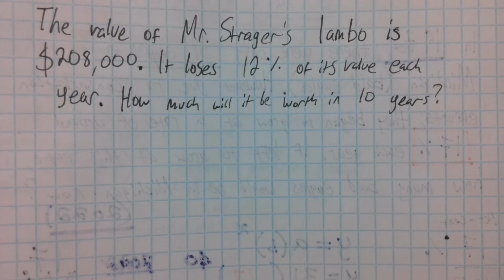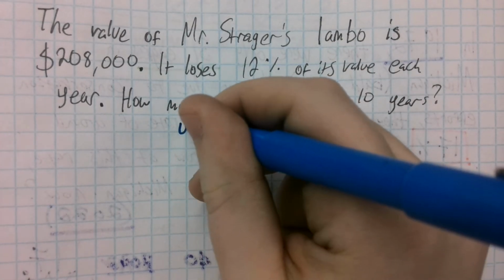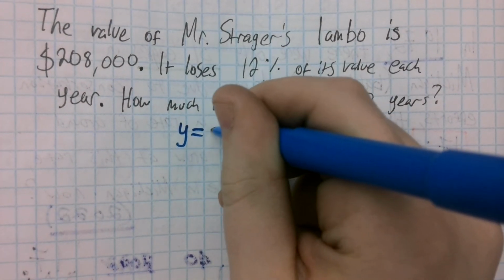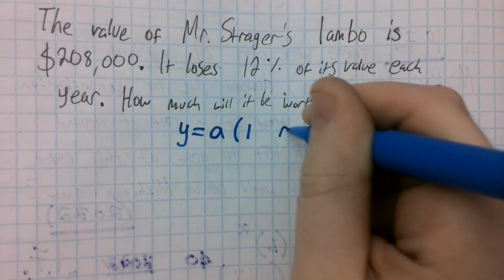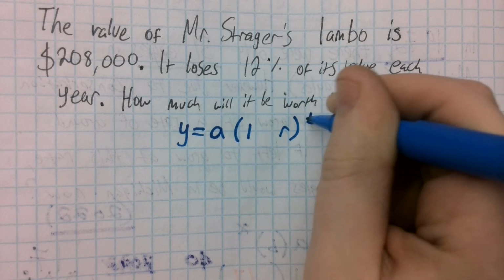Well, keep in mind that with this car, we're still going to base its value off of whatever the value was the last time. We still want to use 1 somewhere in there for this. But would it make sense to do 1 plus 12%? I don't think so, because that would be growth.